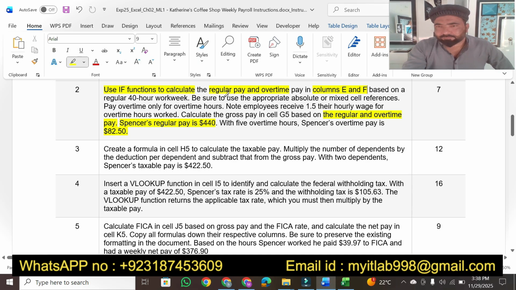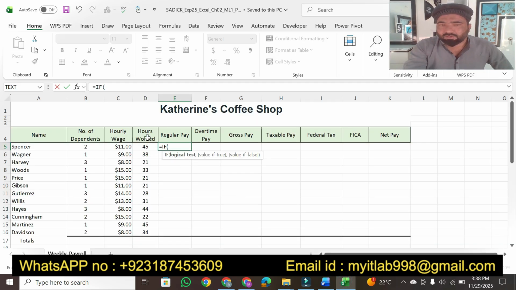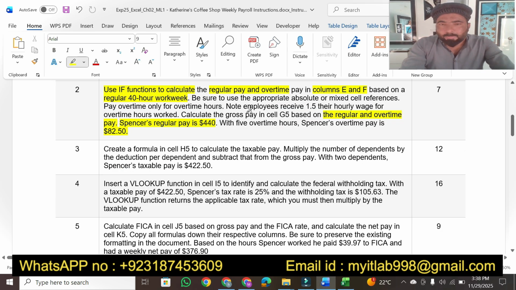If the hours are less than or equal to 40, then we have to base it on 40. Be sure to use absolute or mixed references, and pay overtime only for overtime hours.